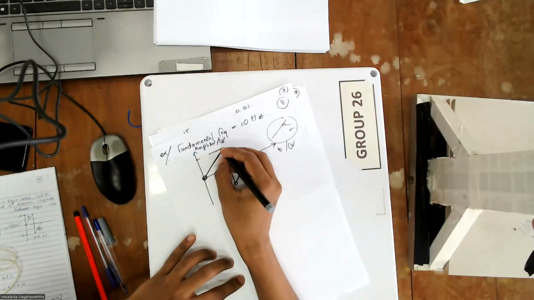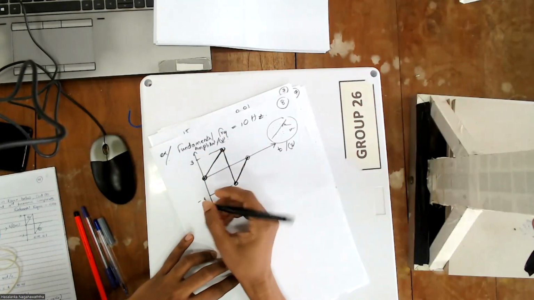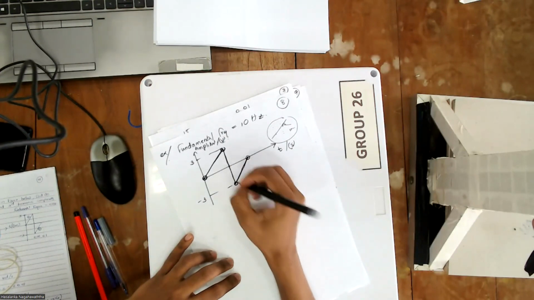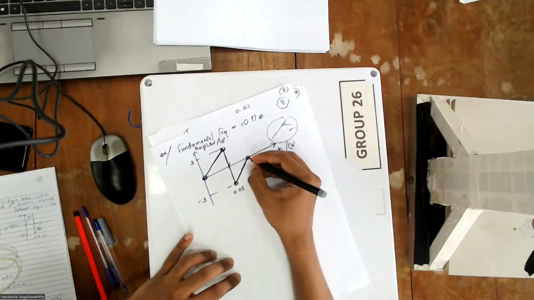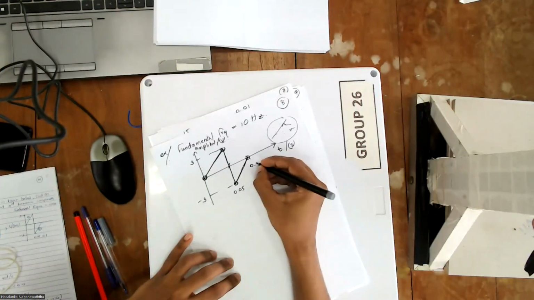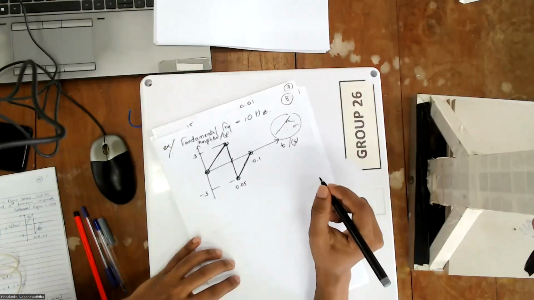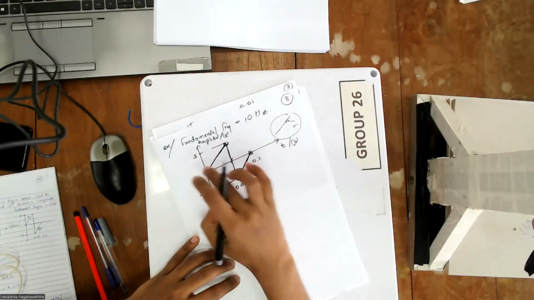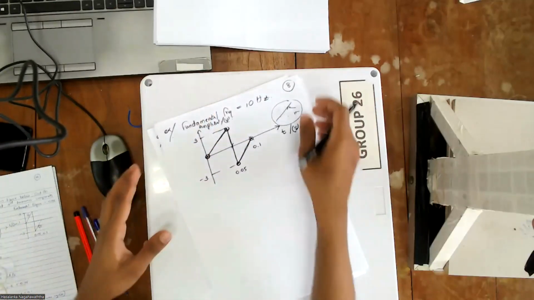Here it is 3, here it is -3, and this time value is 0.05, this time value is 0.1. This is the question, and you can answer, and I will solve this one.